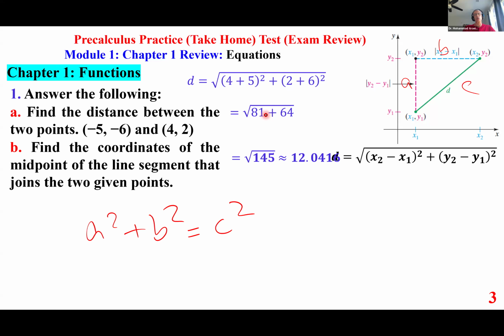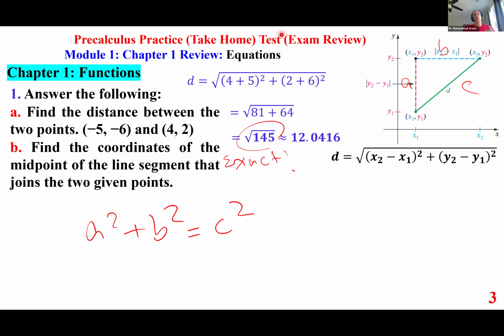So the square root of 145 is the exact answer, everybody. And this is an approximation. If they ask you for an approximation, you give it to them, otherwise you won't. I hope everybody is clear on that.